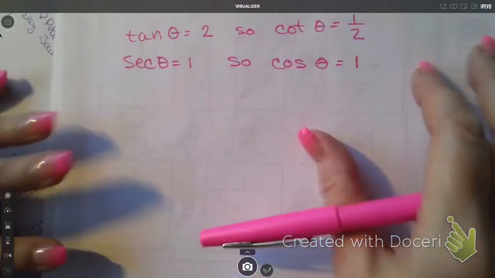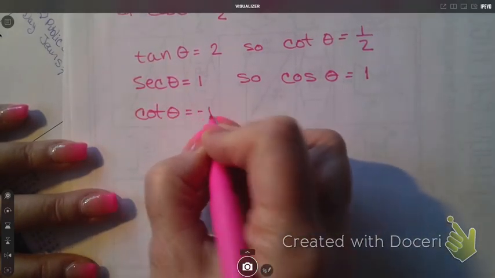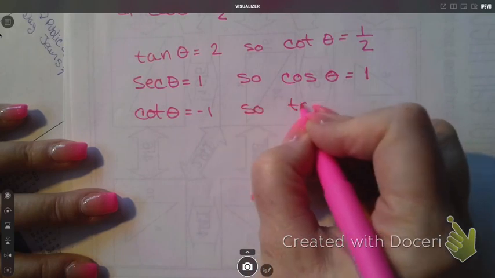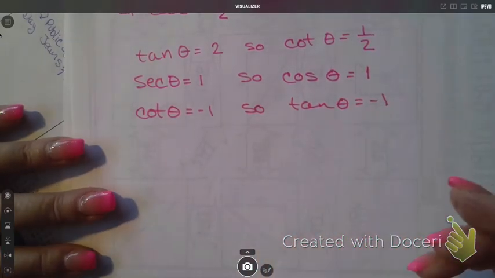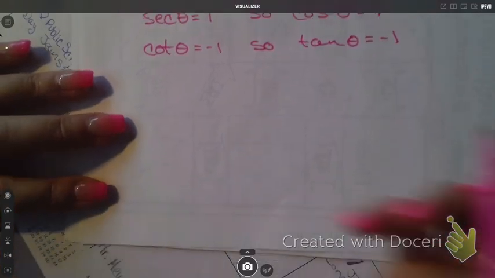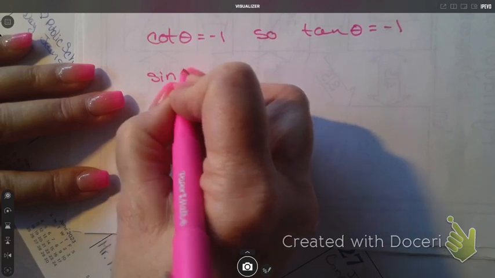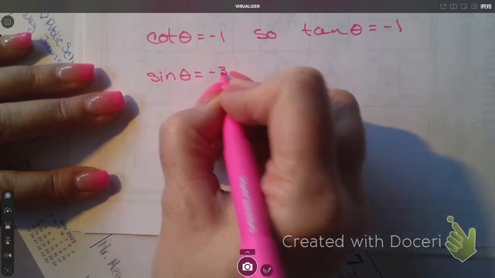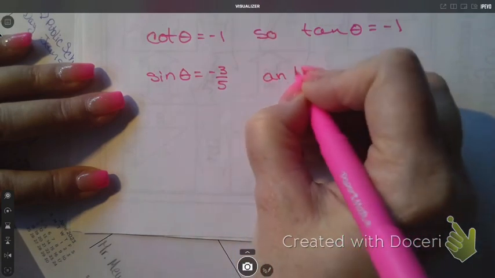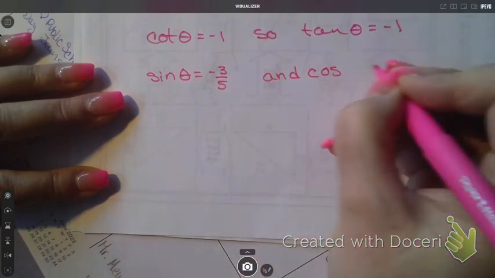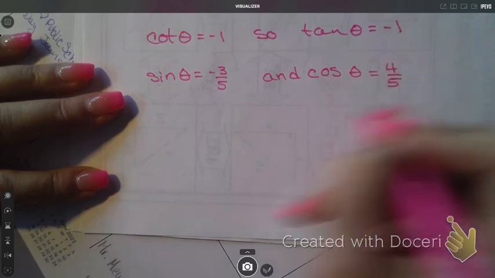Okay, so cotangent of theta is negative 1. So tangent of theta is negative 1. Sine of theta is negative 3/5, and cosine of theta is 4/5. What's tangent?